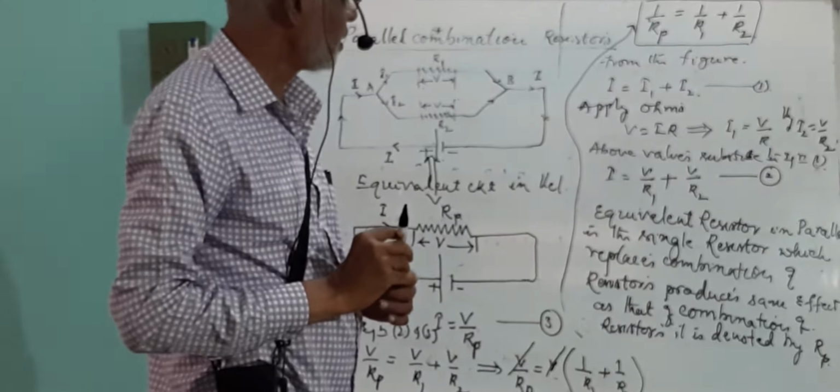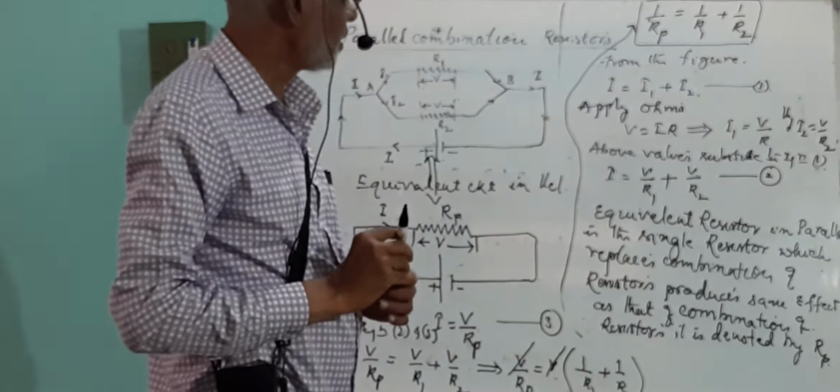Reciprocal of equivalent resistance in parallel combination, which is designated as Rp, is equal to the sum of, since there is a plus sign, the individual resistors. R1 and R2 are the individual resistors. Individual resistance also you can call it.